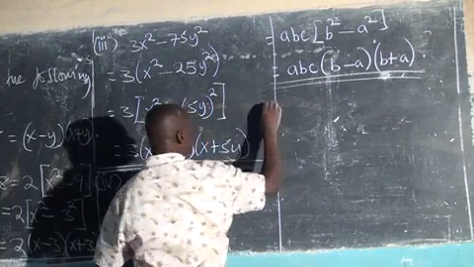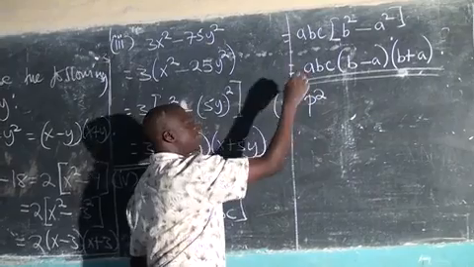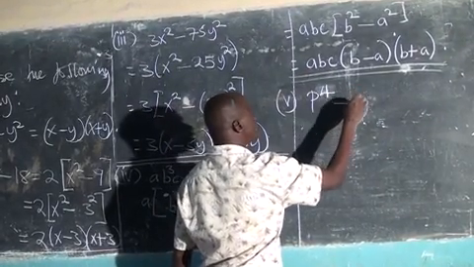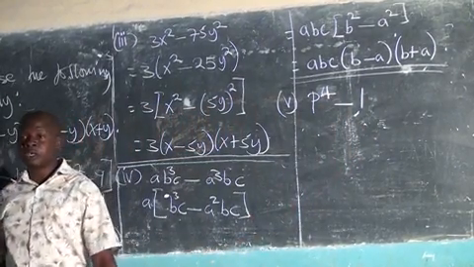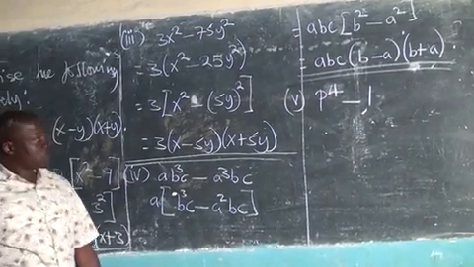Lastly, allow me to talk about this. We have p to power 4 minus 1. But we are supposed to apply the difference of two squares.